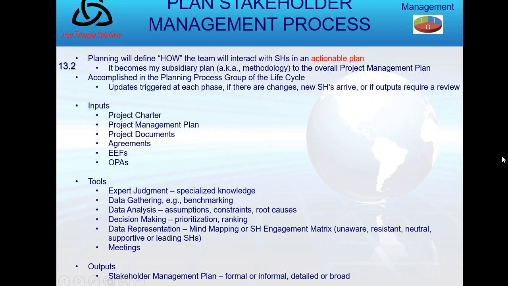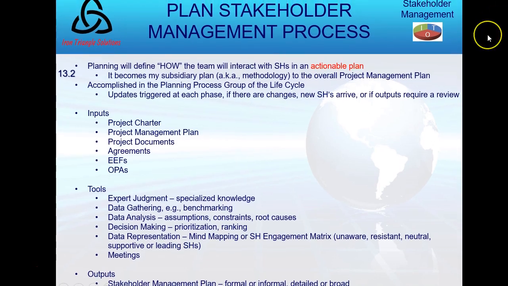Now, for inputs, the project charter, of course, because whenever I plan stakeholders, I'm going to go back to the charter. The charter listed some high-level stakeholders for me, and so that becomes a very important piece. I'm going to involve the project management plan. So resource management is going to give me some clues regarding roles and responsibilities of stakeholders.